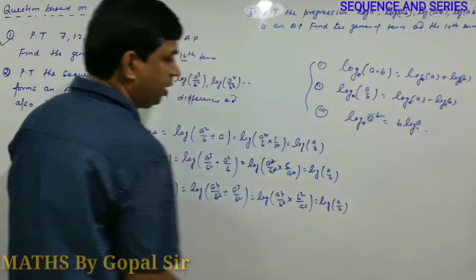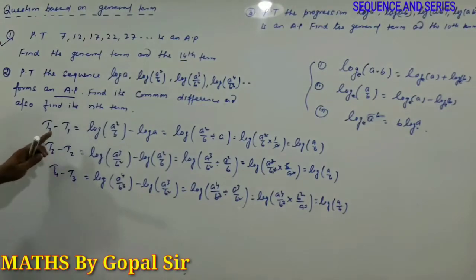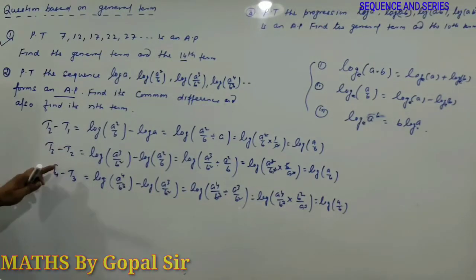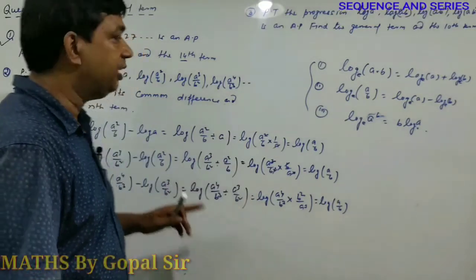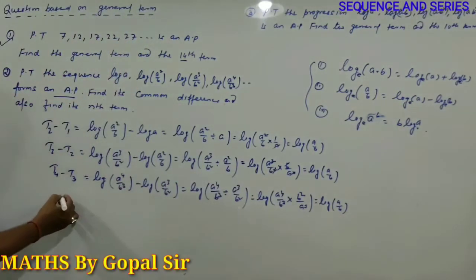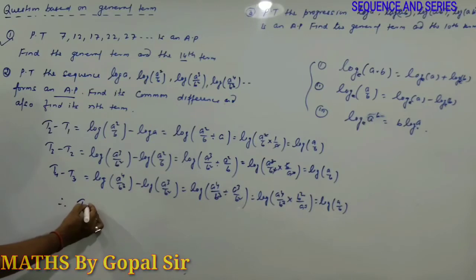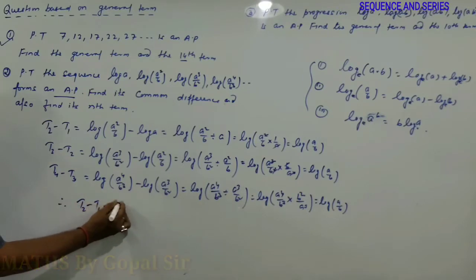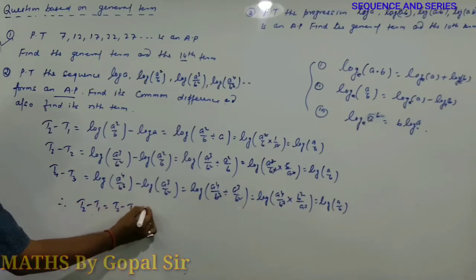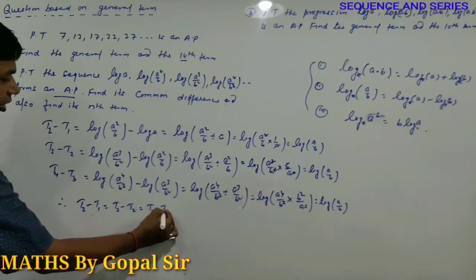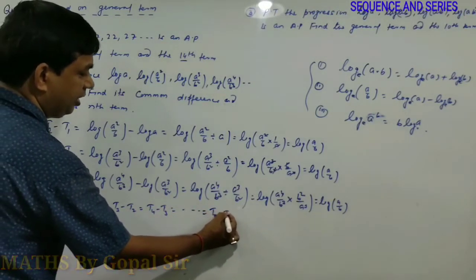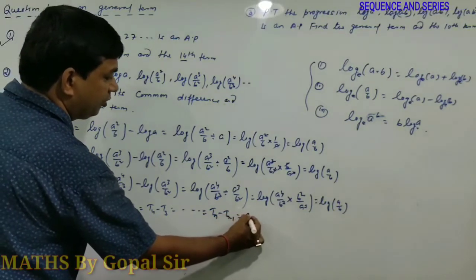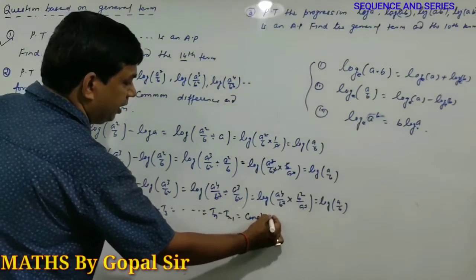So what we observe is that t2 minus t1, t3 minus t2, t4 minus t3 is always constant. It means the sequence, therefore, t2 minus t1, t3 minus t2, t4 minus t3, up to tn minus t(n-1), is constant.